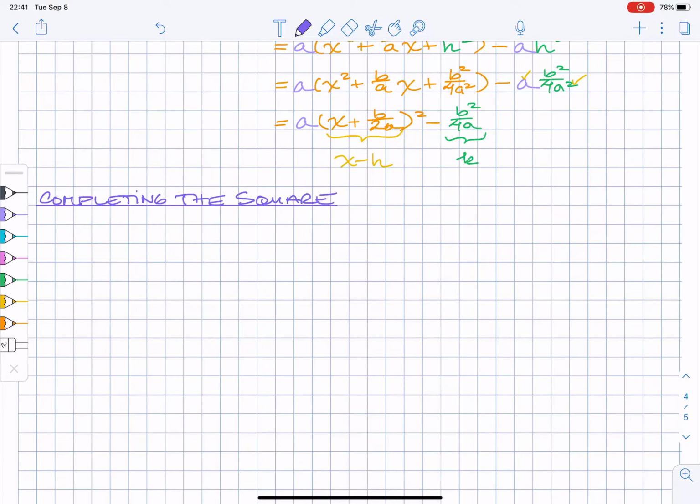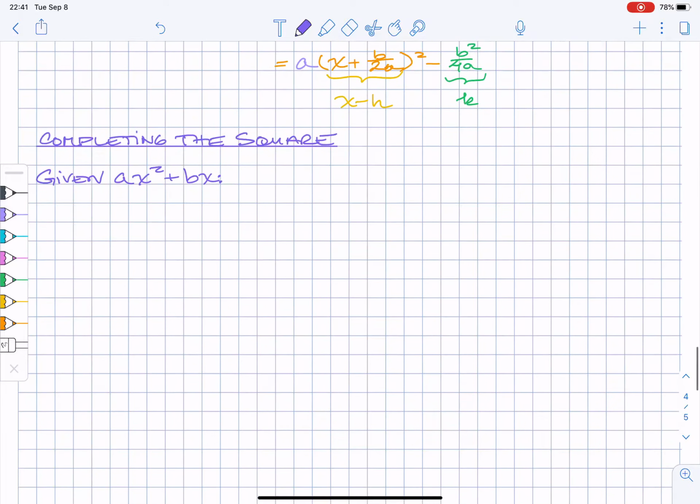Okay, so if you're given ax squared plus bx, or actually, I can do plus c.